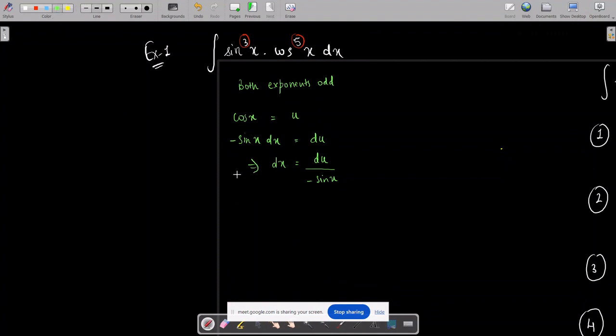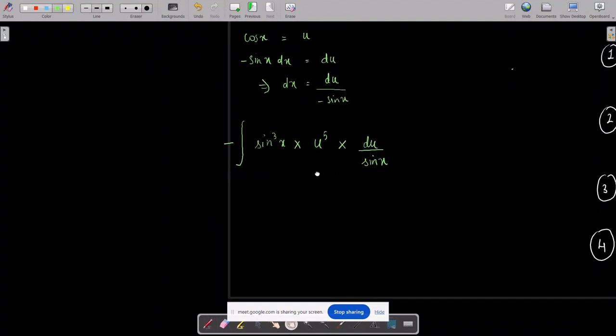Now let's put everything back into the integral. So we have sine cube x times u to the fifth times du over minus sine x. So I'm gonna take the negative sign outside of the integral and we get sine x.